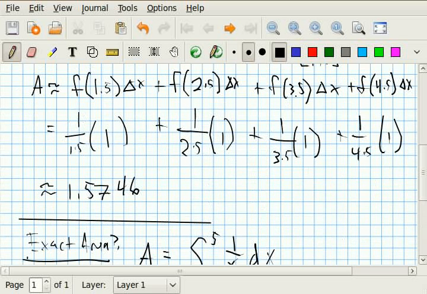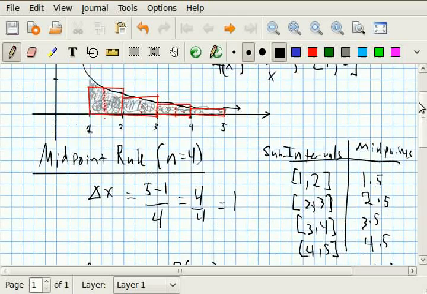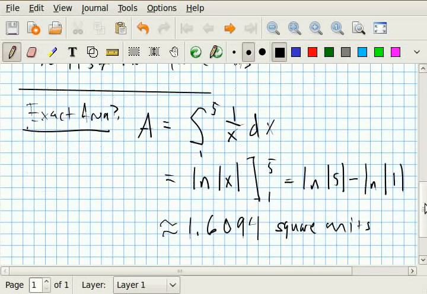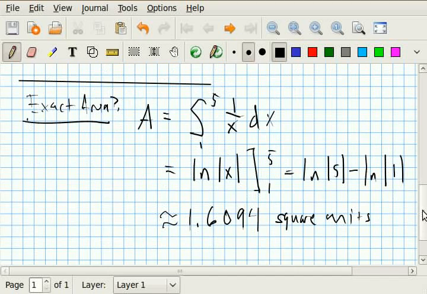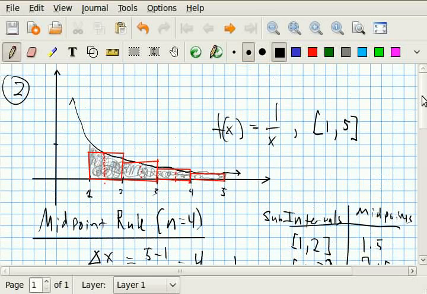So really pretty close. We only used 4 rectangles to approximate this area below the curve. The 4 rectangles gave us 1.57 square units. The exact answer is a little bit bigger, about 1.61, give or take, square units. So again, a pretty valuable approach for approximating these areas.